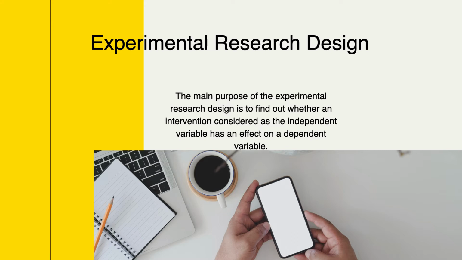When assigning your subjects to groups, there are two main choices you need to make. Number one, a completely randomized design versus a randomized block design. Number two, an independent measures design versus a repeated measures design. We also have the term randomization.